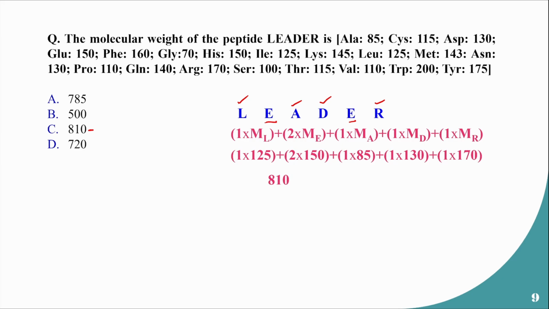So in this case, not only do we have to add up all of the values for the molecular weights of the individual components, but also you have to subtract the water molecules eliminated during the formation of this peptide sequence. Since here we have six amino acids, 6 minus 1, or 5, water molecules are expected to be eliminated, and that means from 810 we have to subtract 5 times 18. If you do that, you will get a result of 720.